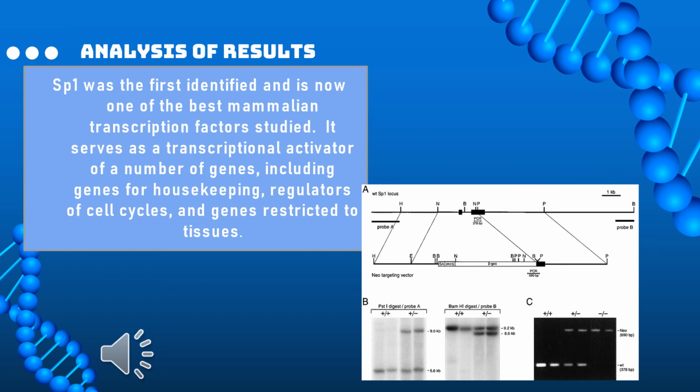It serves as a transcriptional activator of a number of genes, including genes for housekeeping, regulators of cell cycles, and genes restricted to tissues. In this study, SP1 was used for early embryonic development but dispensable for cell growth and differentiation by targeting the inactivation of the mouse gene encoding transcription factor SP1.